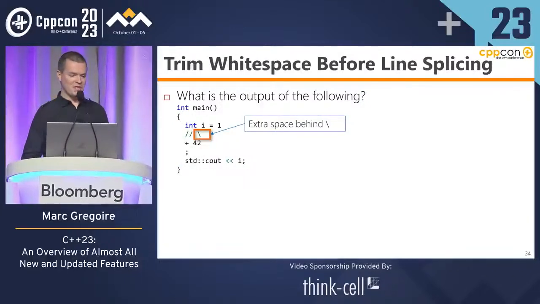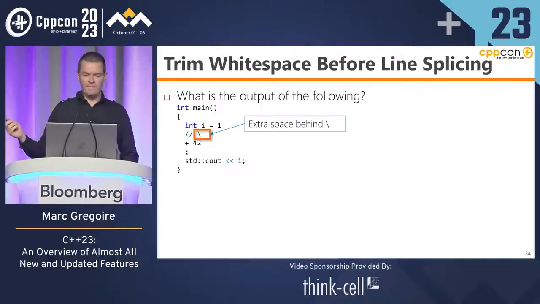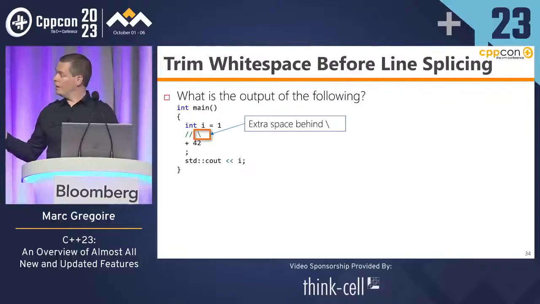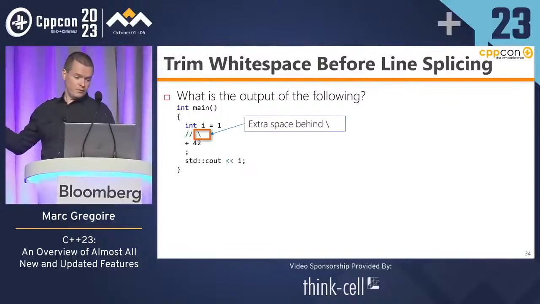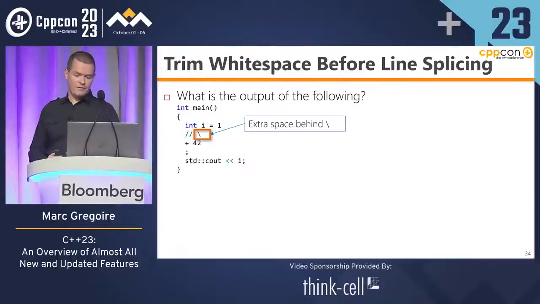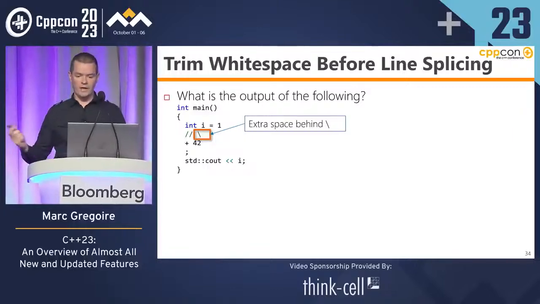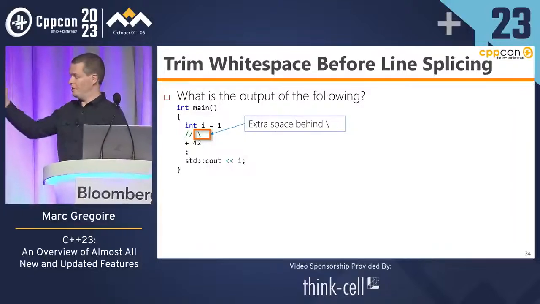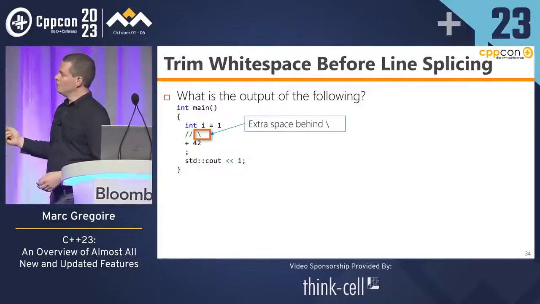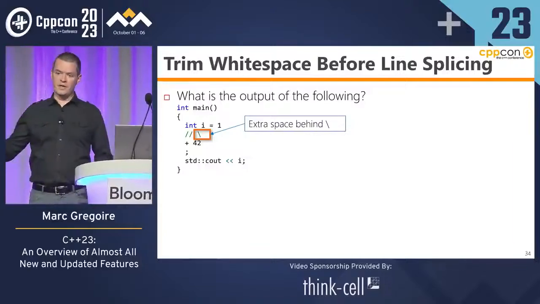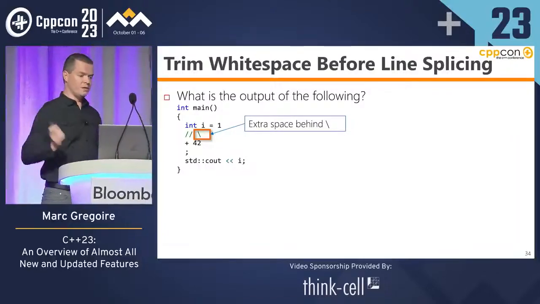This is an interesting one. I have a piece of code here, and I have a comment. And on that comment line, I have a backslash line continuation character followed by an empty space. You don't see the empty space, but there is an empty space. So it was undefined by the standard what this code should produce.